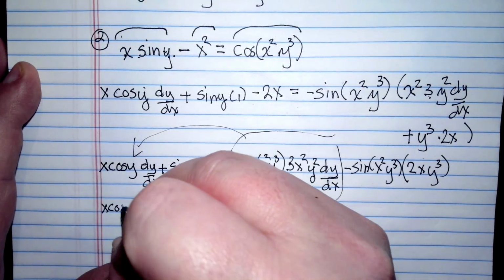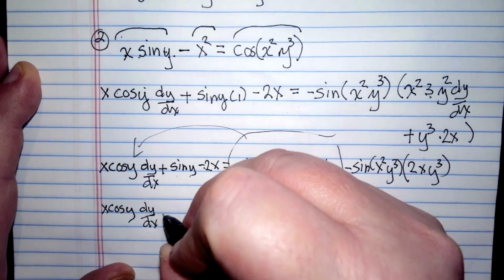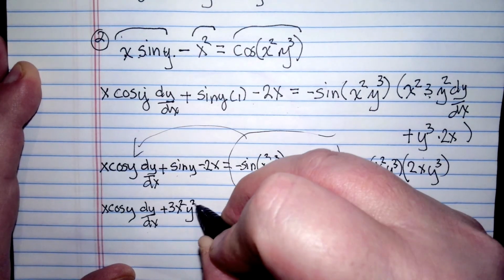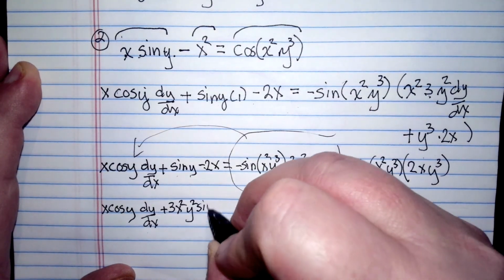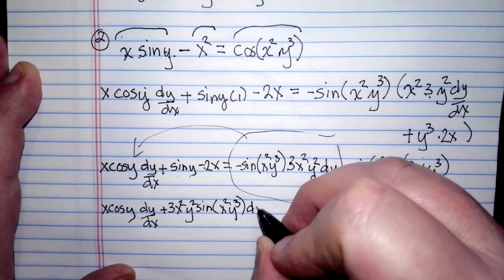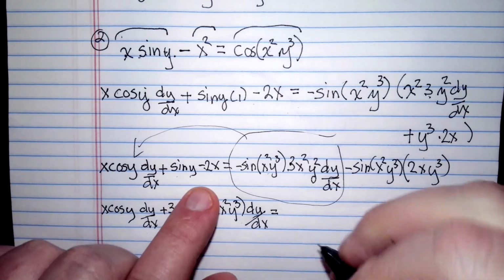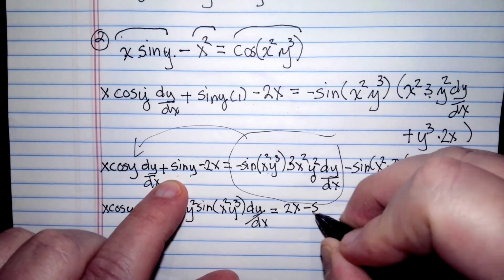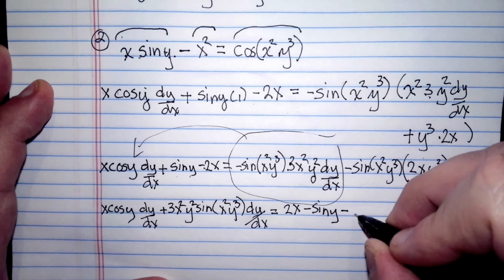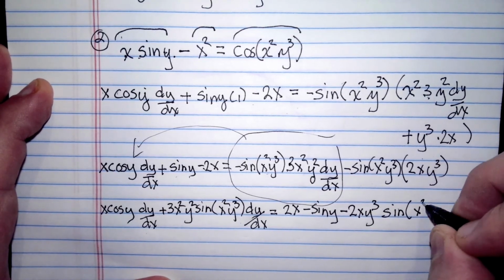So we've got x cosine y dy dx plus 3x squared y squared sine of x squared y cubed dy dx equals 2x minus sine y minus 2xy cubed sine of x squared y cubed.